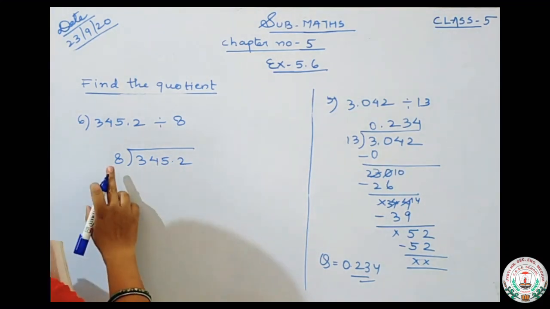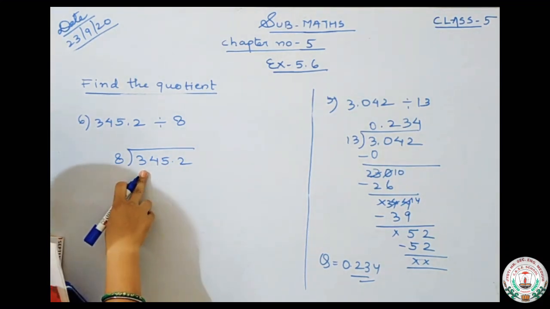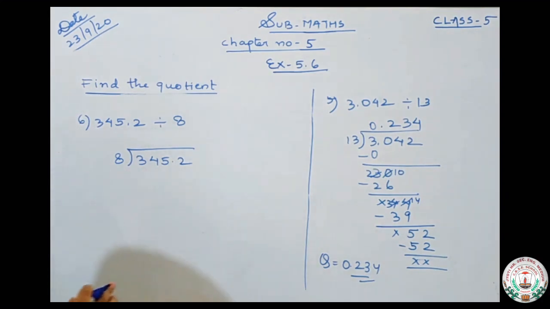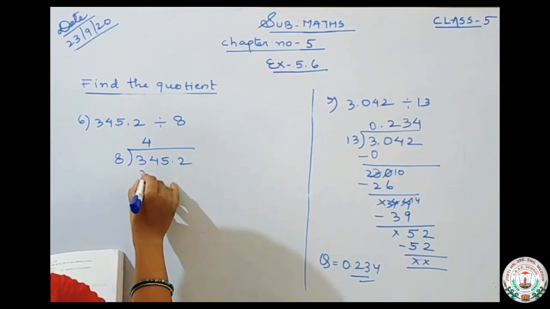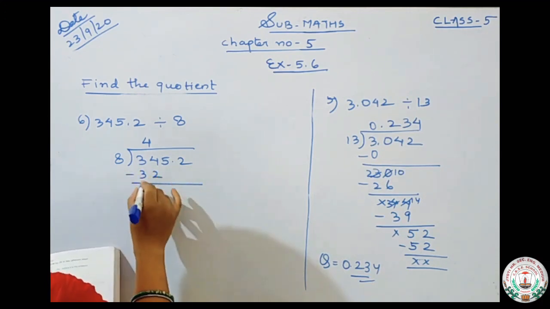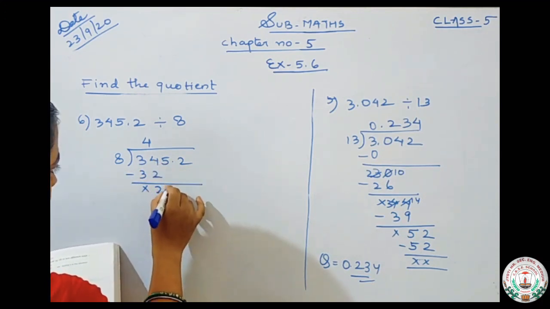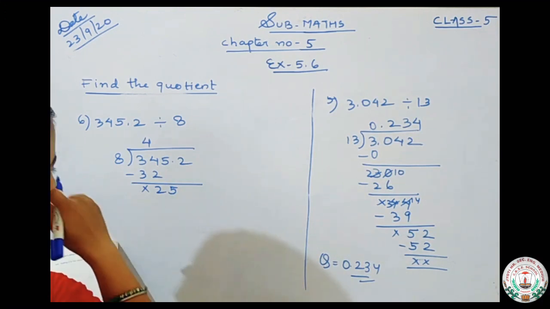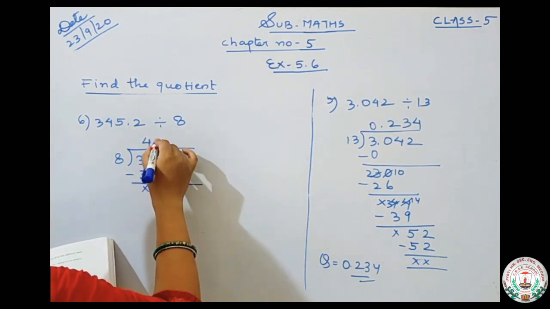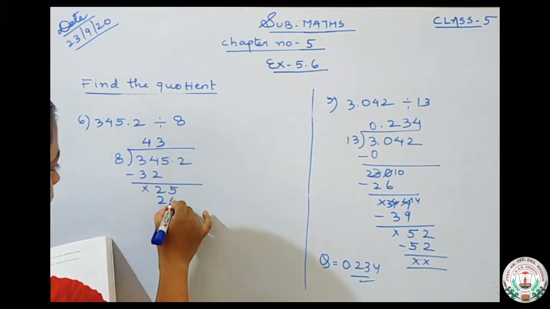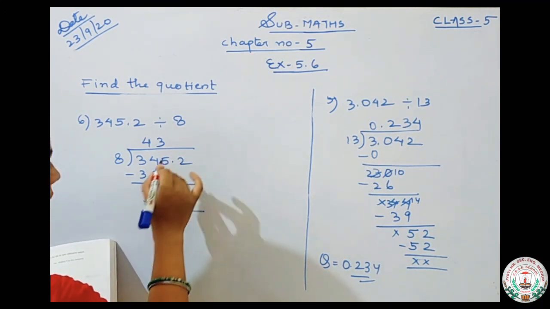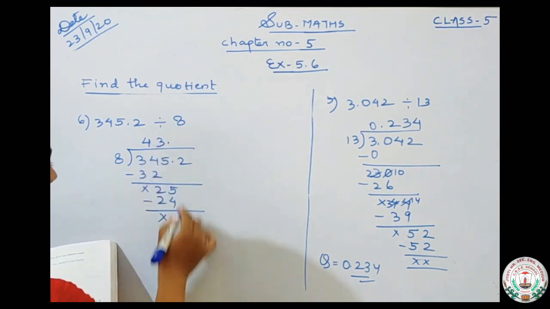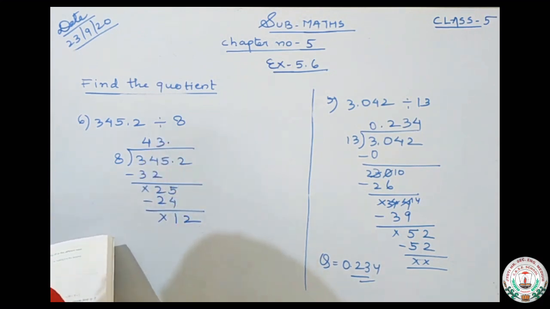So in the table of 8, 34 comes or below 34, 8 fours are 32. Minus. 4 minus 2, 2, 5. 8 threes are 24. Minus 1. Point is given, decimal is given, so we will put here decimal. Then note down the next one.